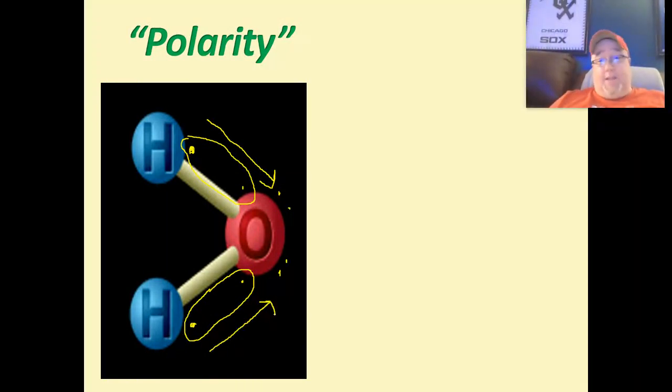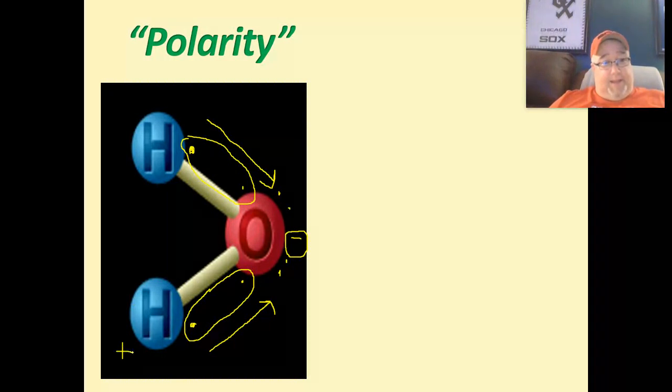So what ends up happening is the oxygen ends up becoming a little bit negative because of this. And then the hydrogens end up becoming a little bit positive because of this. Again, I'm drawing with my finger, I apologize. So this is what we call polarity.